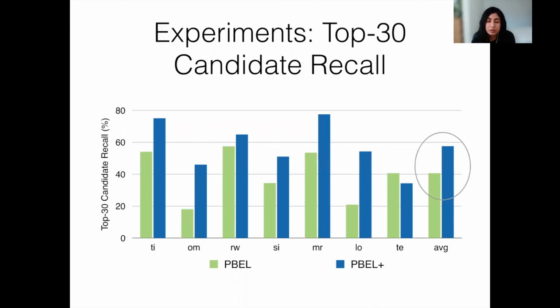The figure shows the top 30 recall for both the PBEL and the PBEL+ methods, and we see that the modifications improve the recall for 6 out of the 7 low resource languages in our experimental setup. On average, we see an almost 20-point increase in recall.